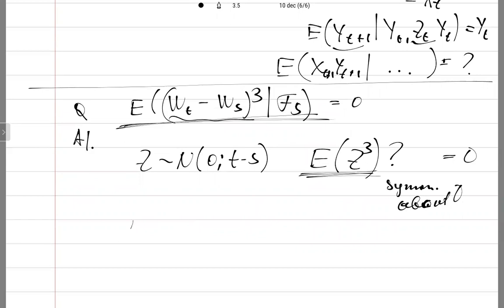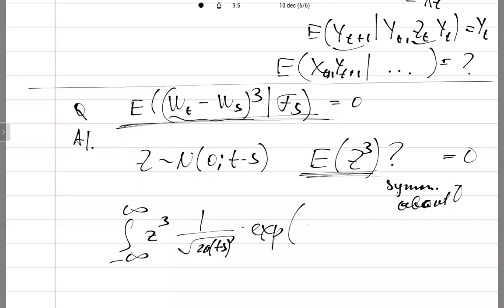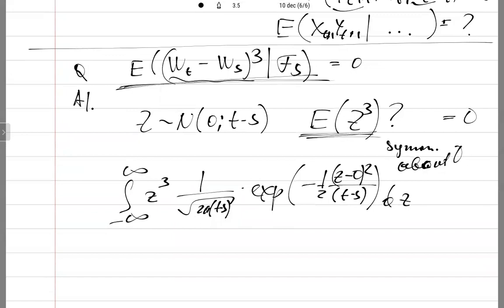If you'd like some honest calculation, you may always do the integral from minus infinity to infinity of z cube times 1 over square root of 2 pi (t minus s) times exponent of minus 1 over 2 times (z minus 0) squared over (t minus s) dz. Basically you see that you are integrating an odd function.